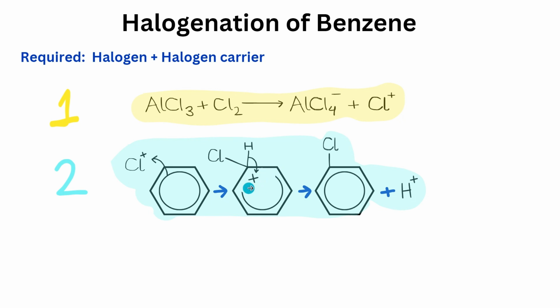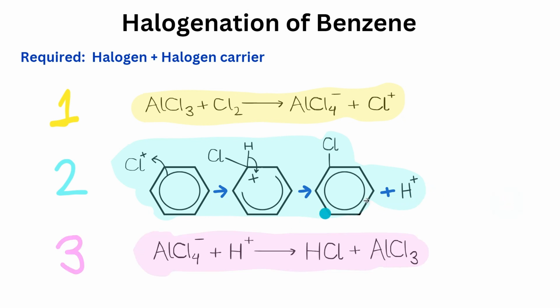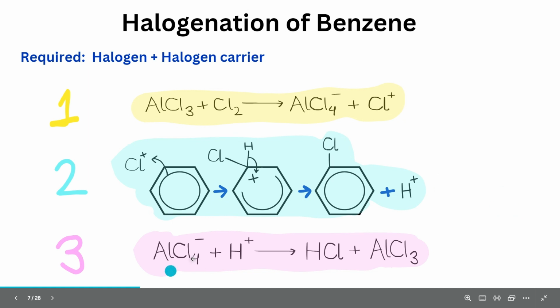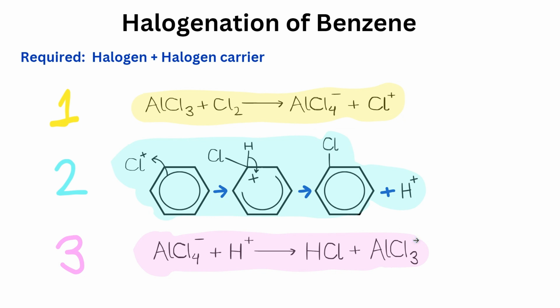And you see a positive charge is left over here, and two electrons from the C-H bond move to neutralize this positive charge, and our ring is reformed, and we also have chlorine attached to benzene. Now this is chlorobenzene, and we also form an H plus ion, and then this H plus ion reacts with the AlCl4 minus we generated here, and we form HCl plus AlCl3. Now you can see that AlCl3 has been regenerated, and it has acted as a catalyst.